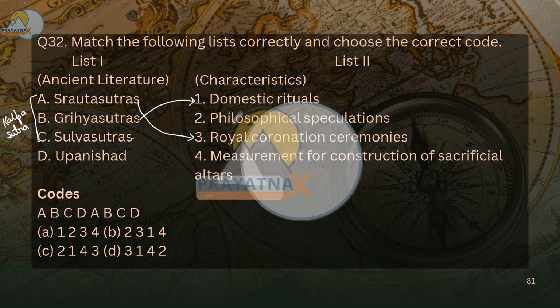So this is related to option number 4, and obviously Upanishad deals with the philosophical interpretations. So the correct answer for question number 32 would be option number D, which is option A related to number 3, and this is related to B, C and D. Moving on.